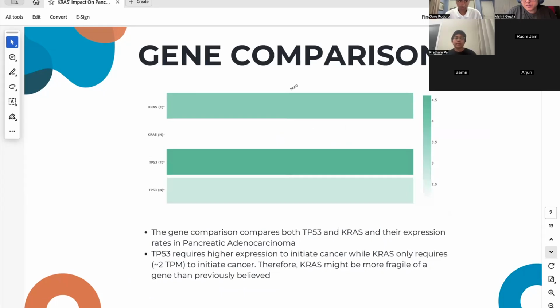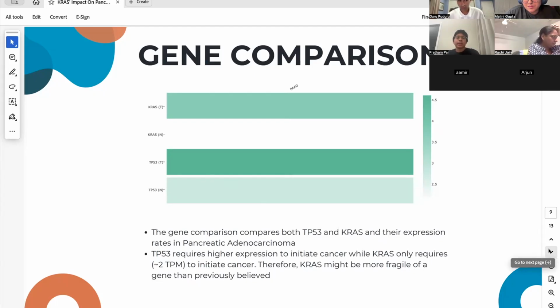So gene comparison was one of the other things we were to do for this internship, and I thought this was interesting because these two genes, KRAS and TP53, are both prominent in pancreatic adenocarcinoma. When we only look at tumors, we can see that TP53 requires around 4.5 TPM of transcription in order to cause a tumor.